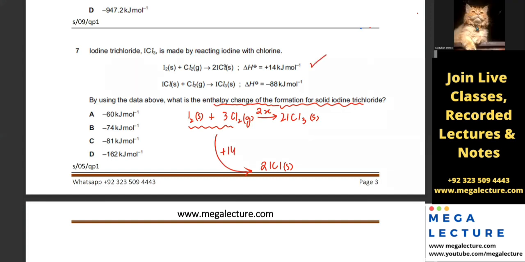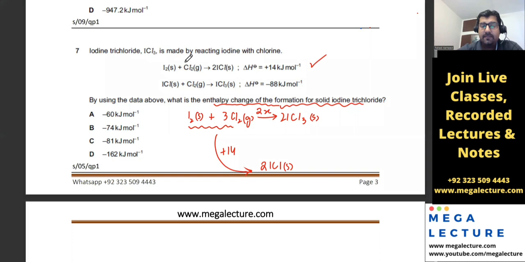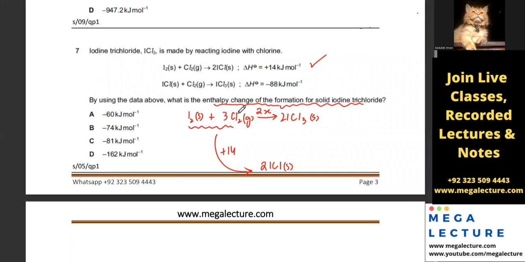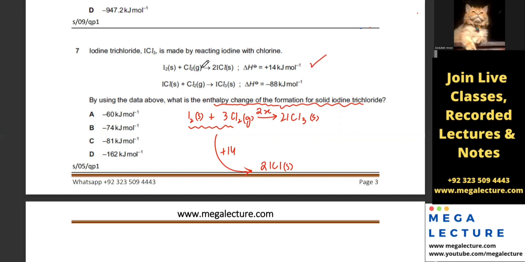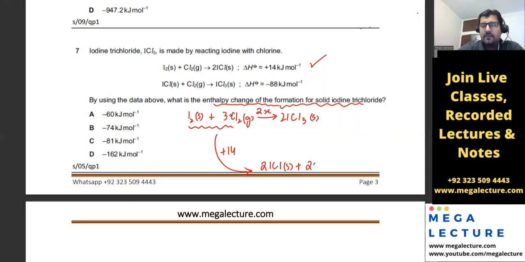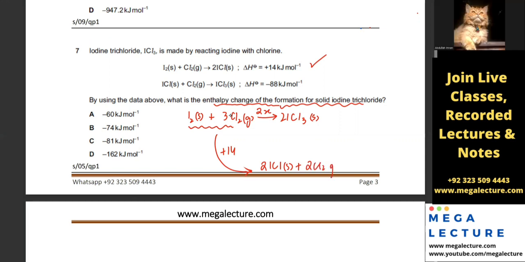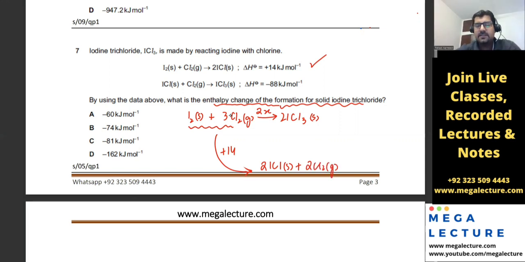Remember, one iodine reacts with just one Cl2 to form 2 ICl. So that means 2 of the Cl2s are still left. They didn't take part in the reaction.